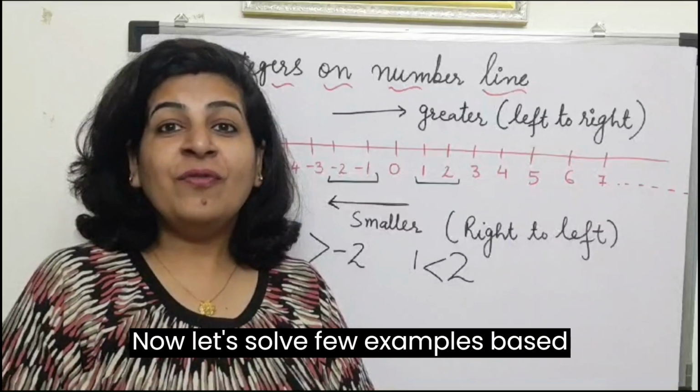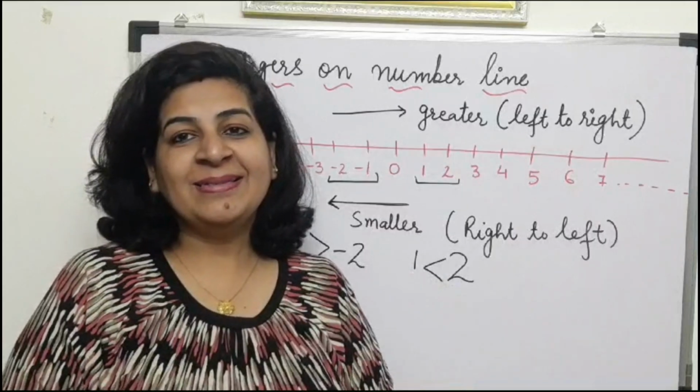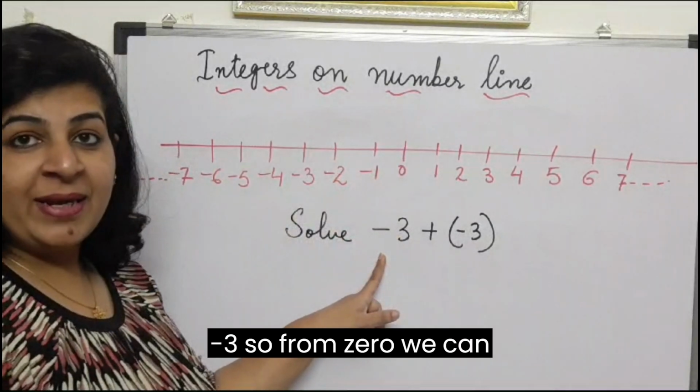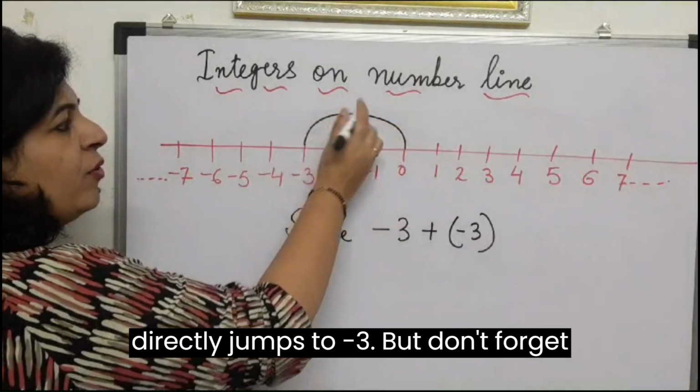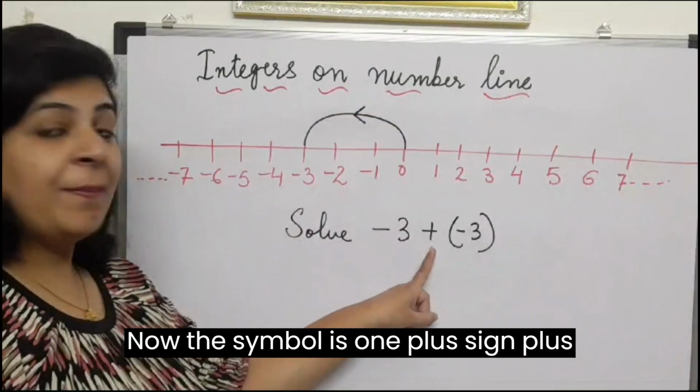Now, let's solve a few examples based on integers on the number line. Let's solve this on the number line. So first digit is -3. So from 0, we can directly jump to -3, but don't forget to put the arrows. Now, the symbol is of plus sign.